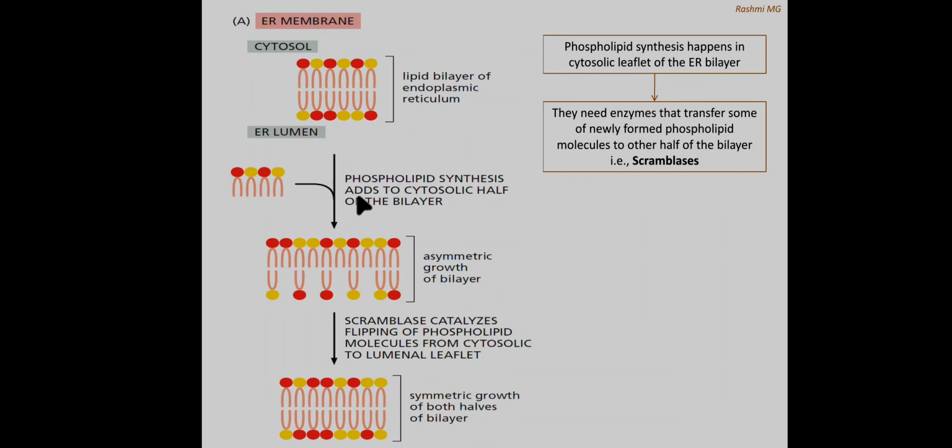You can see in this image where phospholipid synthesis adds to the cytosolic half of the bilayer. It causes asymmetric growth of the bilayer. Scramblase catalyzes flipping of phospholipid molecules from the cytosolic to the luminal leaflet. Symmetric growth of both halves of the bilayer happens.